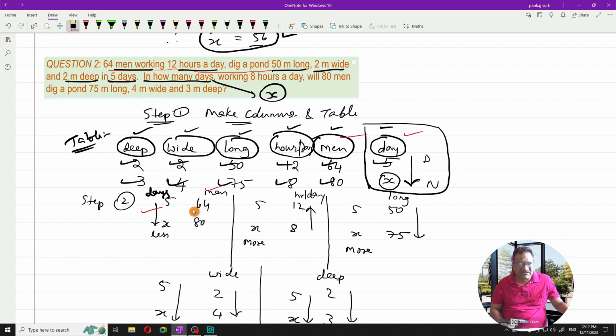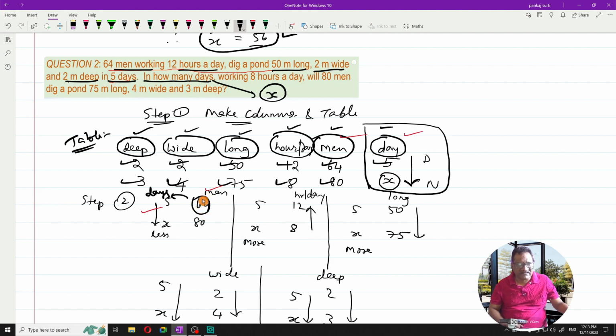So ask the question: from the men column you go to the days column. Ask the question to yourself, like 64 men can work for 5 days and do something. 80 men can work for how many days to do that same thing?